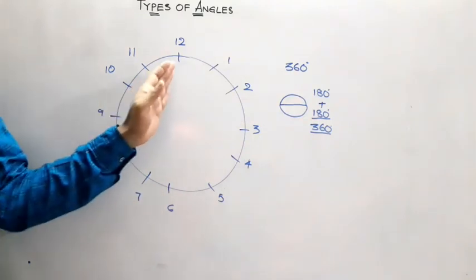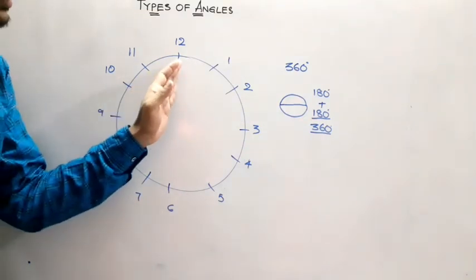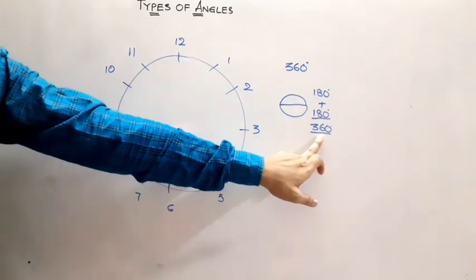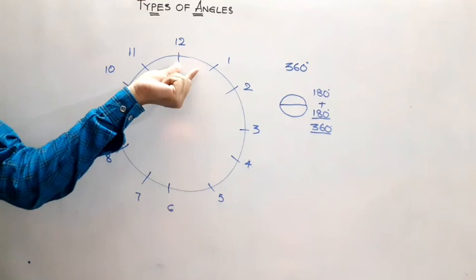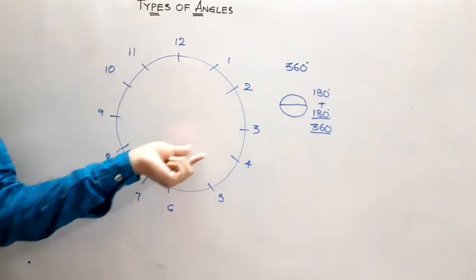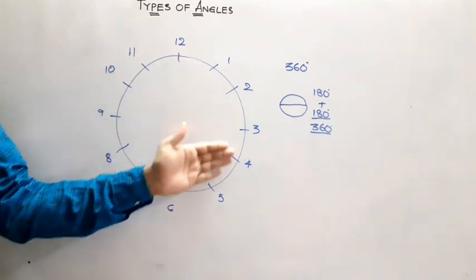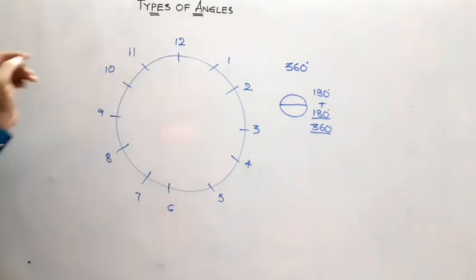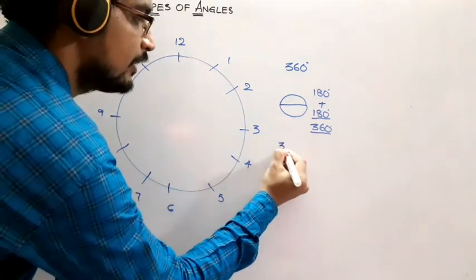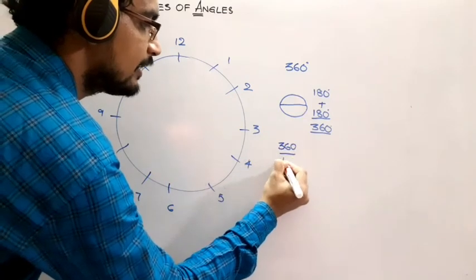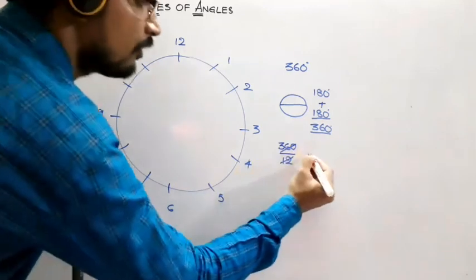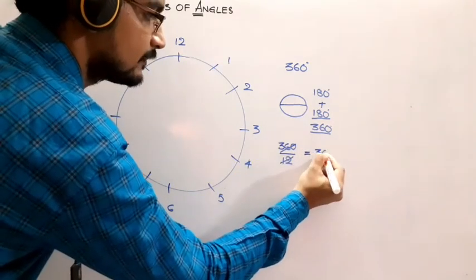Now, what we understood is this clock has an angle measure of 360 degrees, of which there are a total of 12 divisions. Total angle is 360 degrees, and into how many divisions was this clock divided? 12. Therefore, 360 divided by 12 is equal to 30 degrees.